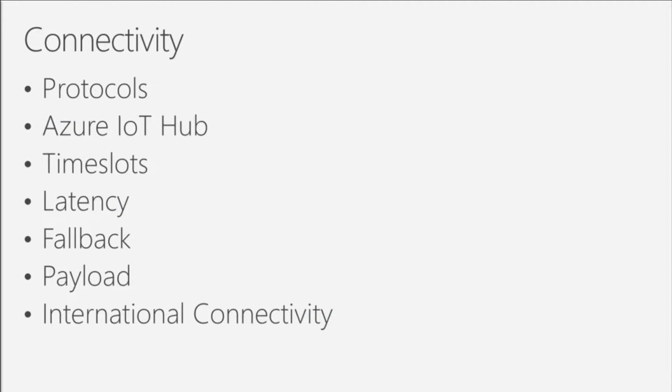And so we need a protocol which is working there, maybe MQTT with a payload adapter. Then we connect with the Azure IoT Hub, and which time slots we are using. So how often is the fridge sending us the data? The latency of the data. We need some fallback scenarios for this connectivity.